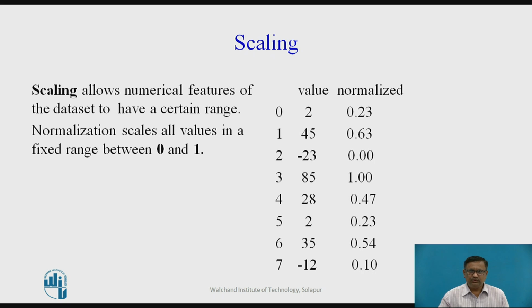The second is the current value, and the third column gives you the normalized value. Based on the values, the minimum value is minus 23 and the maximum value is 85. So 85 will have a normalized value of 1, and minus 23 has 0 because it is the smallest, and whatever is in between these values is scaled to that particular range, that is 0 to 1.